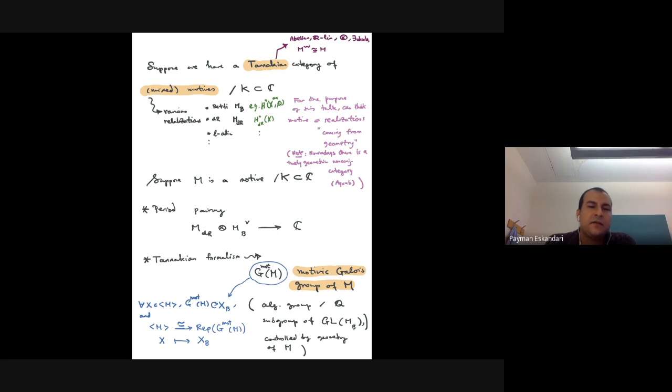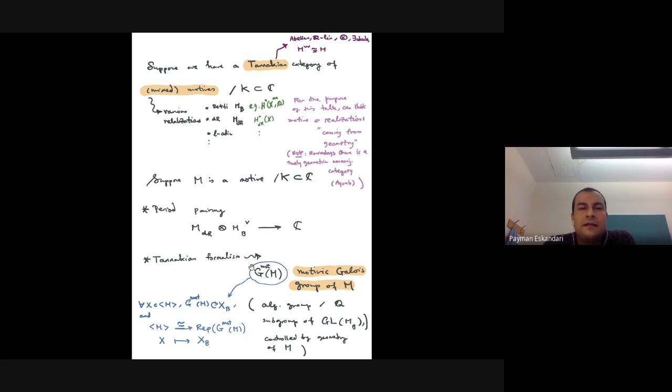There was no really good candidate for the Tannakian category of mixed motives. But nowadays, that's no longer an issue. Due to the work of Ayoub, there's a Tannakian category of mixed motives which is constructed geometrically. So morphisms, in some sense, do come from algebraic cycles and correspondences. So really, this group now does come from geometry.